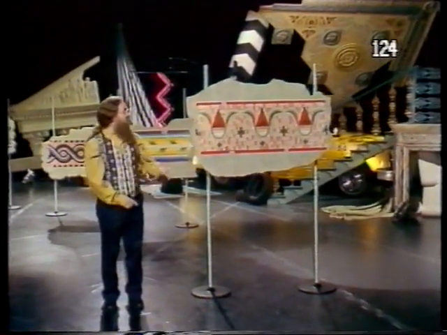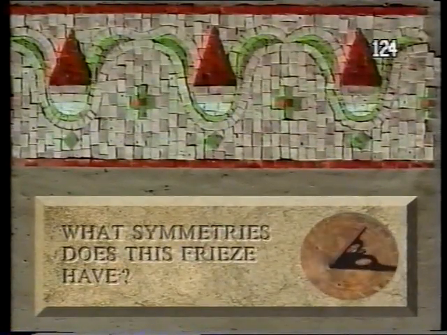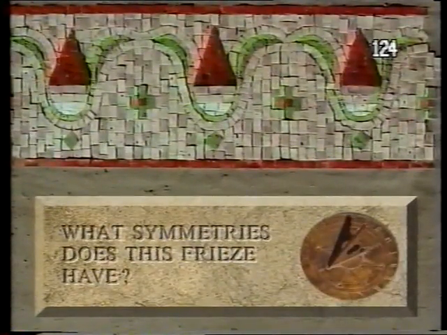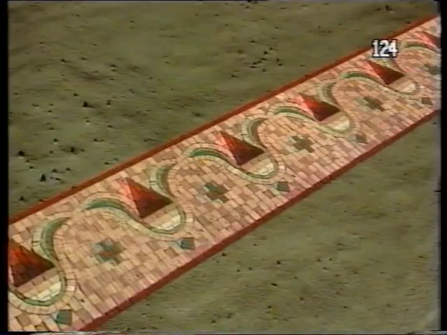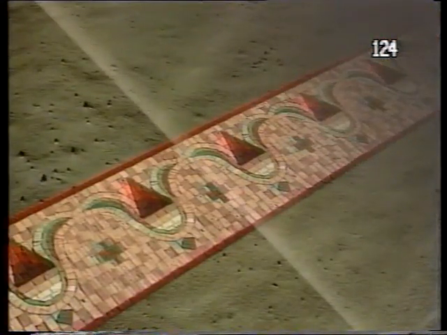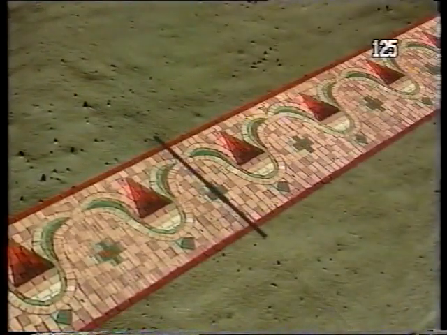What symmetries does this frieze have? Well, look what happens when we put a mirror across the frieze. The reflection of the pattern in the mirror is identical to the original pattern. So this frieze has a reflectional symmetry in a vertical line.